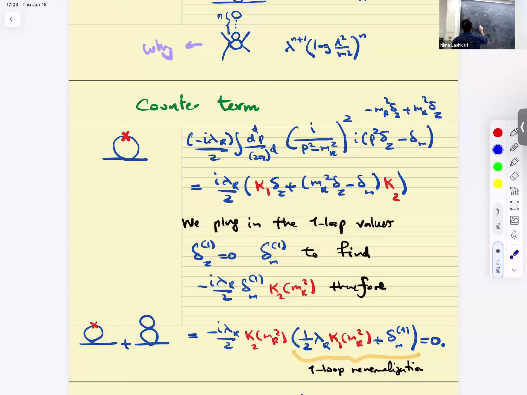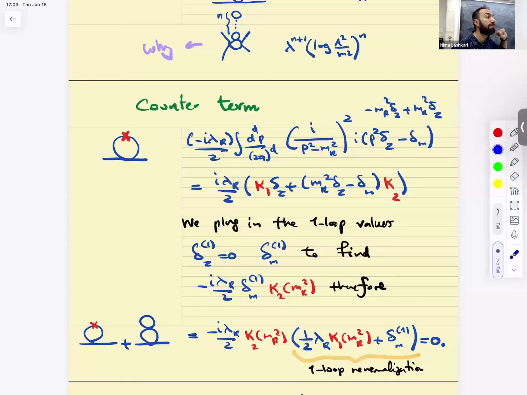Let's expand it in the following way: delta z1 lambda plus lambda squared delta z2, and so on and so forth, and then this would be a two loop thing. You're asking whether there is going to be a two loop contribution of this type? Well, to this diagram, this is the only counter term that contributes.